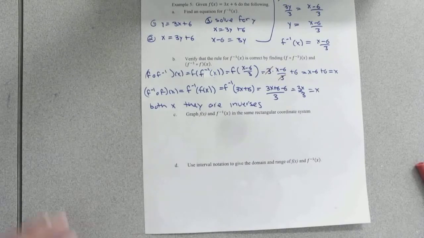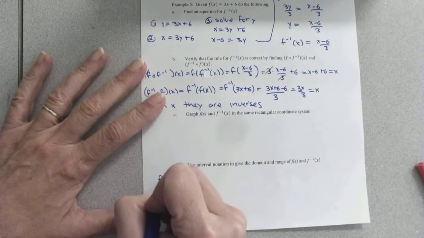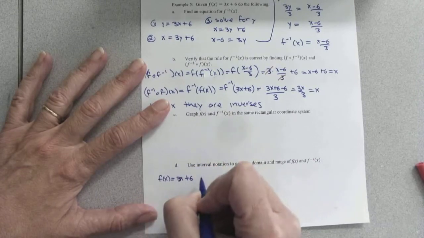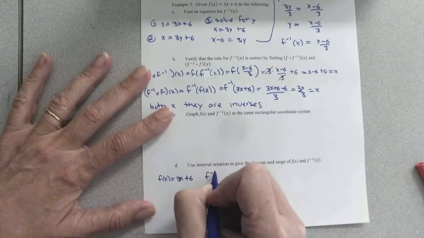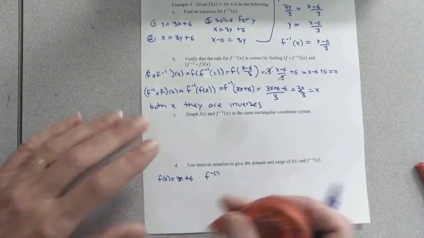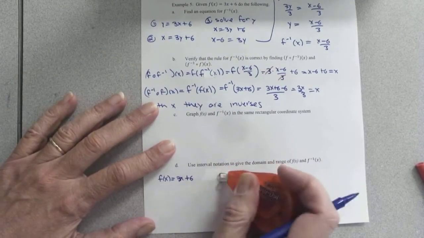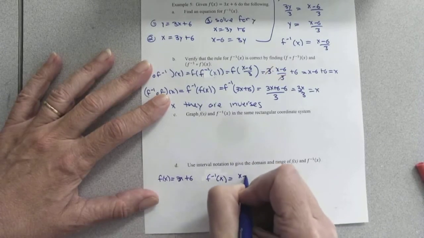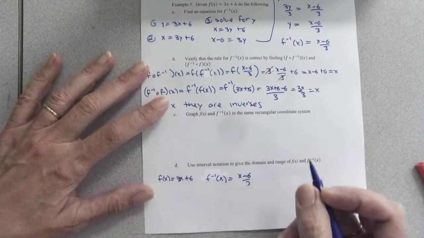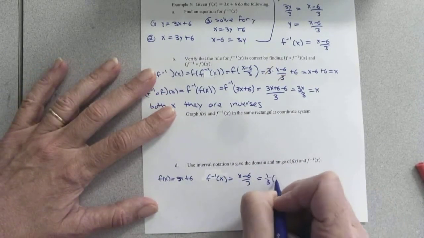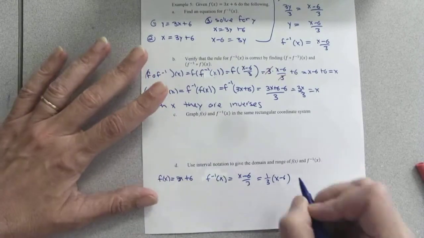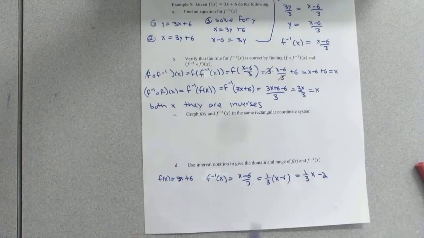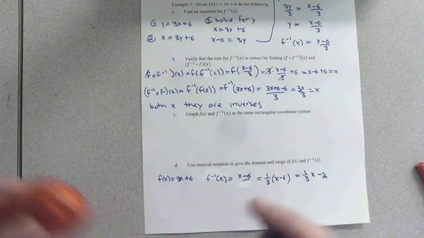Use interval notation to do the domain and range. Okay, f of x equals 3x plus 6, and f inverse of x, which is (x minus 6) over 3, which is the same thing as 1/3 times (x minus 6), which is the same thing as 1/3 x minus 2.